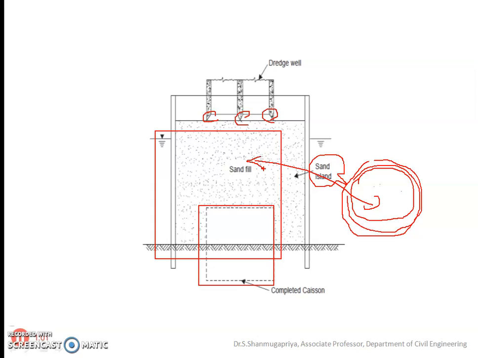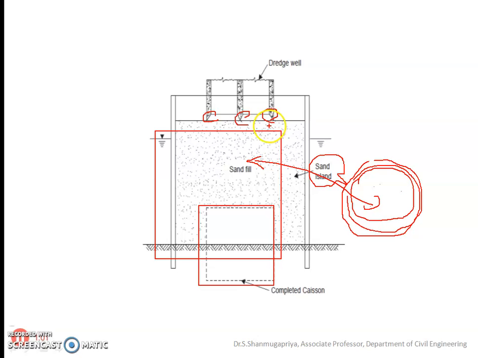Suppose it is not possible to create these dry conditions, or not possible to create this artificial island of sand, then the caisson can be constructed in slipways or in barges. Barges means boats, and they are towed to the final position by floating. There, guide piles are used for sinking the first few lifts.